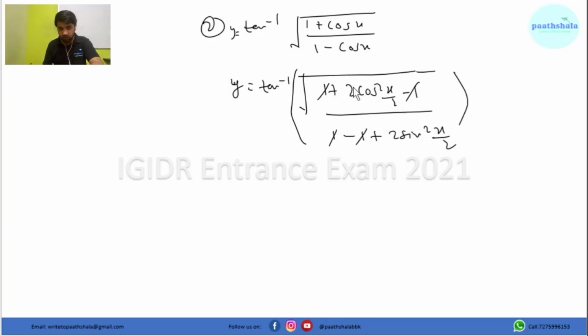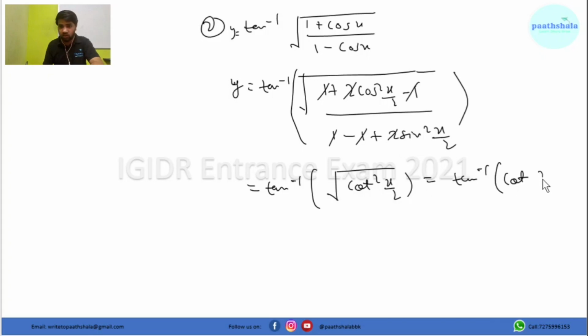After this elimination, you can eliminate 2 and 2, and this will come out to be tan inverse under root cos square upon sin square. So this will come out to be cot square x by 2, and this will come out to be tan inverse in a bracket cot x by 2, because this is a square and it will come out of root, so this will become cot x by 2.